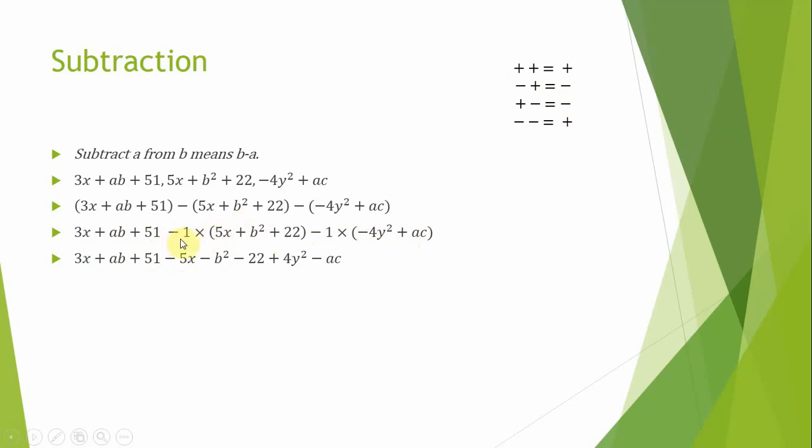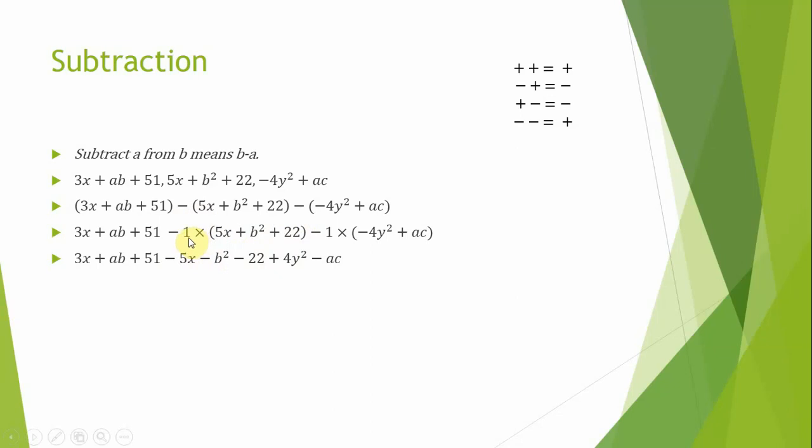So we have a negative 1 multiplied by a positive 5. So it becomes minus 5x. Recall the distributive law that we are using here. So a number multiplied by the sum of numbers is basically the number multiplied individually with these numbers, and the whole, we add them all up.